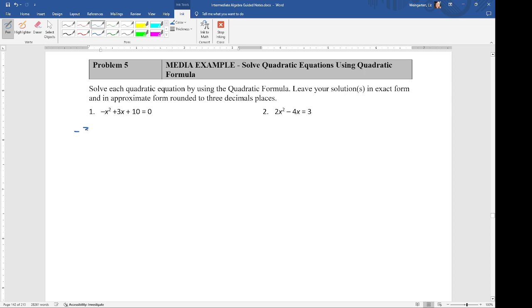Negative b plus or minus the square root of b squared minus 4ac all over 2a. I'll go ahead and simplify what's inside the radical.